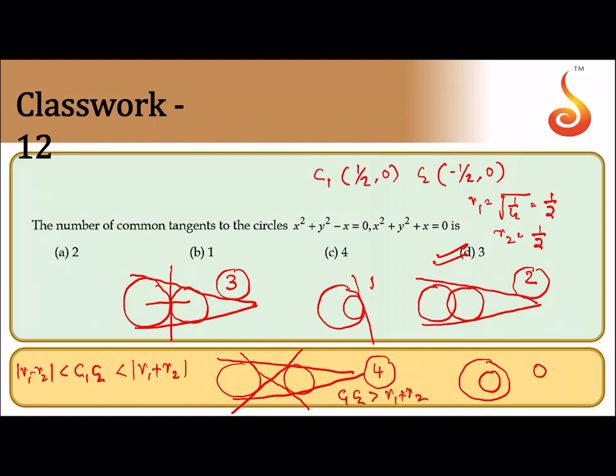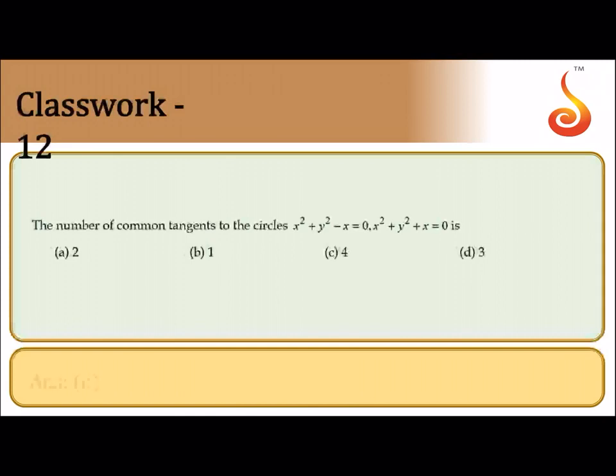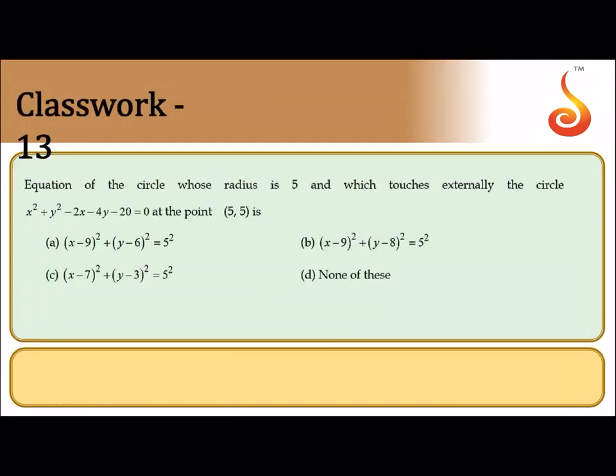This case is C1C2 greater than R1 plus R2. I wrote all the conditions. This already we did. C1C2 is equal to modulus of R1 plus R2. Option D is correct.